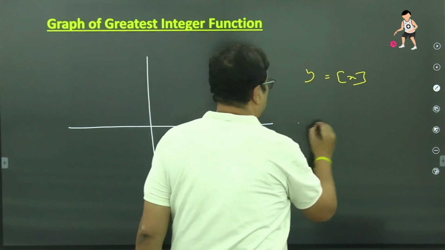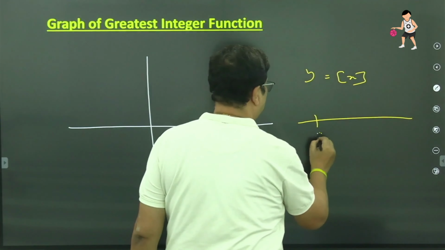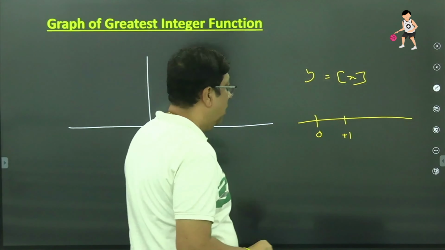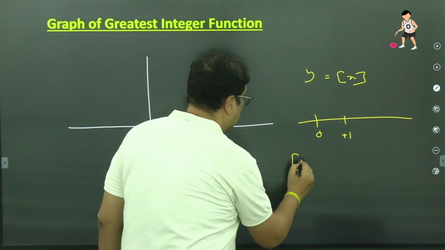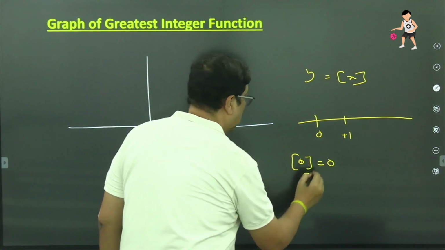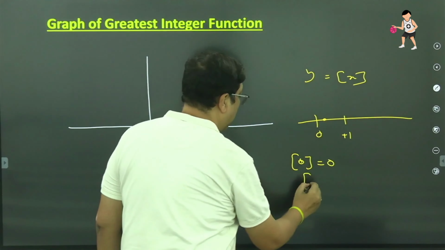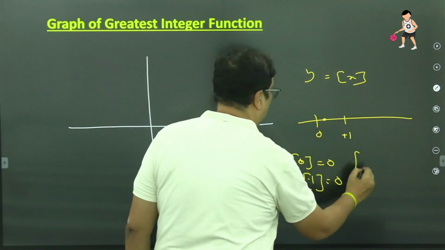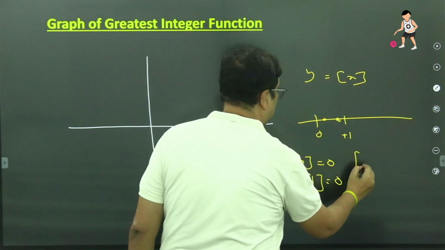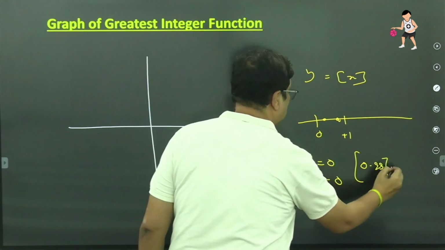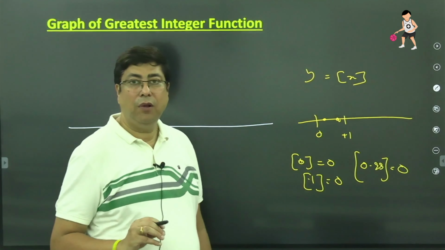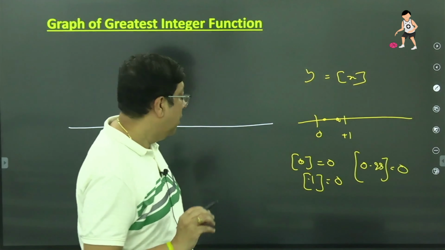So obviously you have to write the number line, when x between 0 to 1, any value, suppose box 0 equal to 0, box of any value between 0 and 1, box of 0.1 equal to 0, box of 0.99, that is also 0. So y is 0, graph is 0, okay, graph is 0.